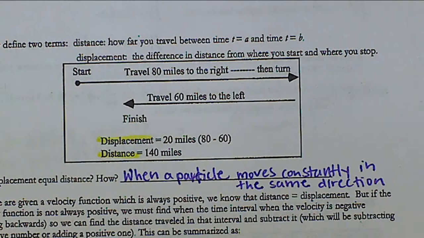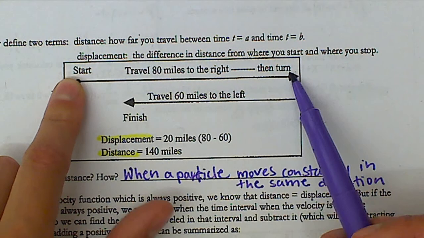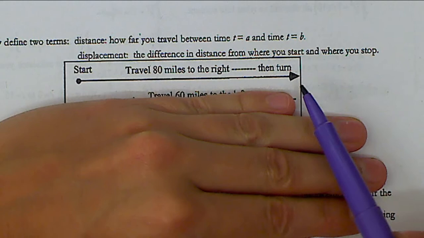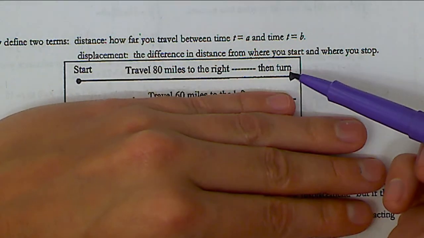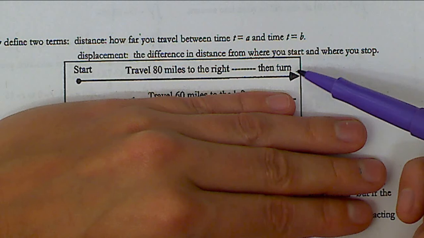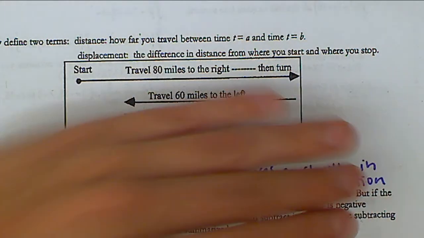So for instance, if I had started, walked 80 miles, and then camped and stayed there, and I didn't turn around, my displacement would be 80 miles because I'm 80 miles from where I started, and the distance that I traveled is also 80 miles. So the displacement and the distance are equal to each other in that case.